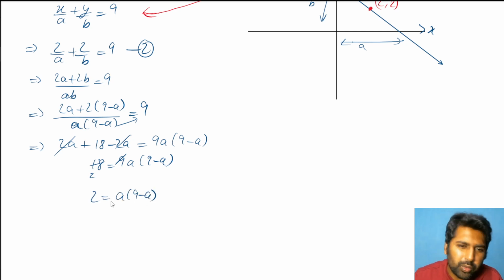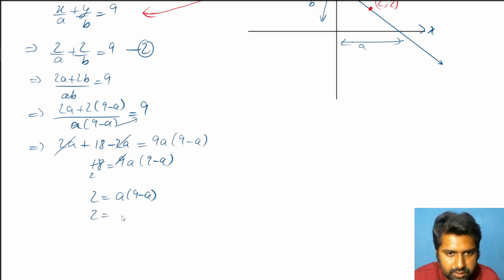Try to keep avoiding large numbers, because the moment I multiply this it becomes 81a, it's a big number to solve. So 2 is equal to 9a minus a square, get everything on the left side, we get a square minus 9a plus 2 equals 0.